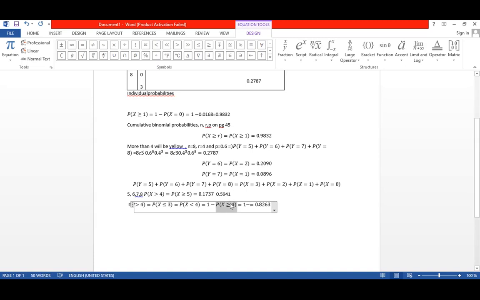What is the cumulative one? Because it's the one which gives us x is greater or equal to r. R is 4, p is 0.4, n is 8. Which value is there? 0.4059.